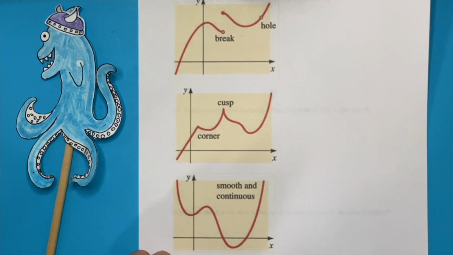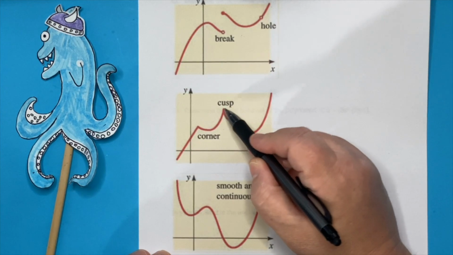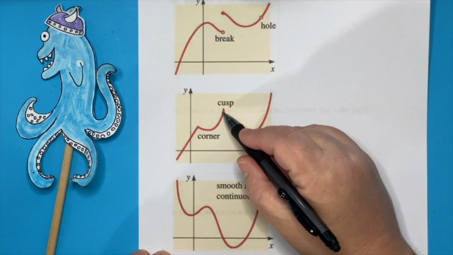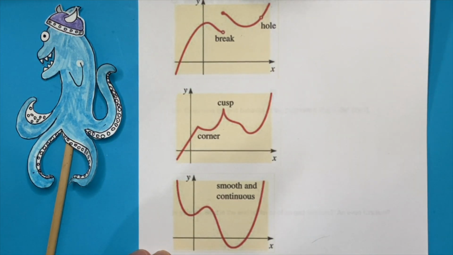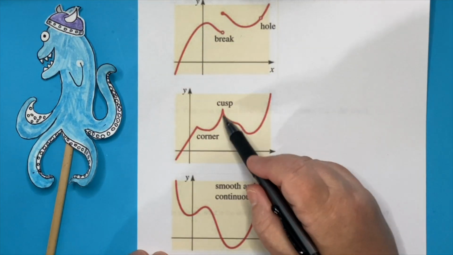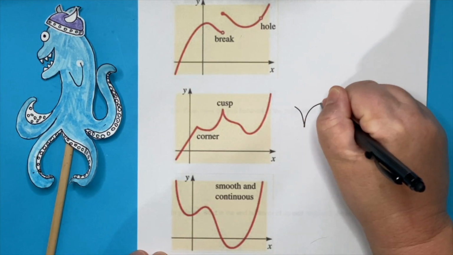Now, cusps and corners, they've always seemed very close to me, but basically a cusp is a pointy thing, like it comes up and it curves on both sides. And what that means is the concavity is the same on both sides. Now, I'm using a word that we haven't used a lot, so it's hard to really be rigorous about this definition, but basically it looks like a little point, either pointing up or pointing down.